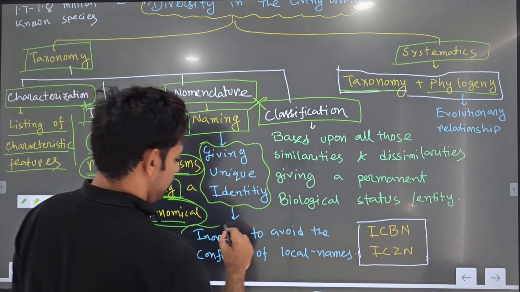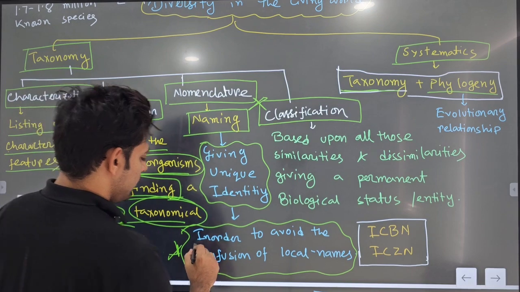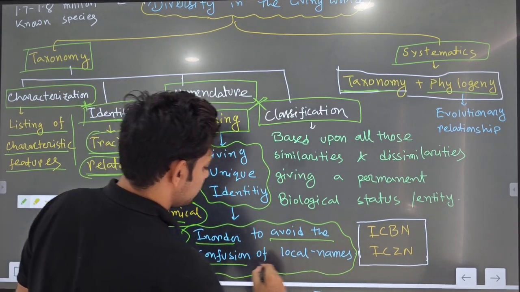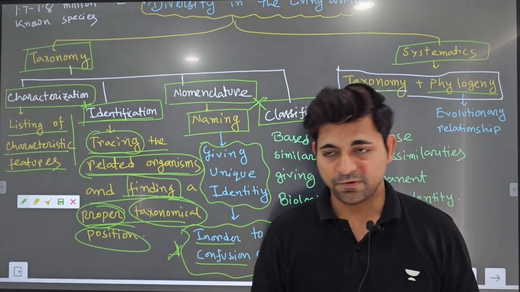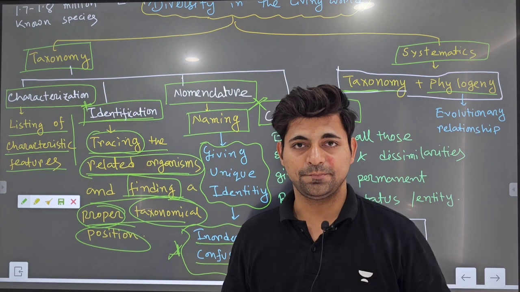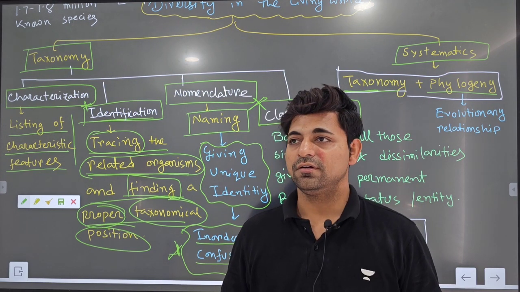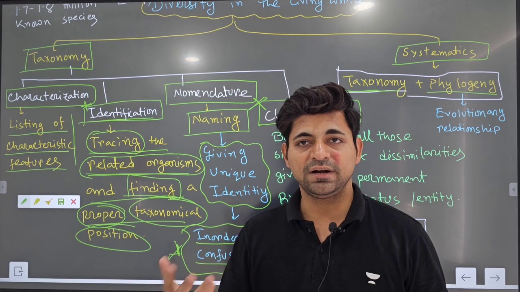Okay. Now why is naming necessary? In order to avoid the confusion of local names. For a living species, there will be different local names. Like for potato, in English we call it potato, in Hindi we call it aloo, in Marathi we call it batata.